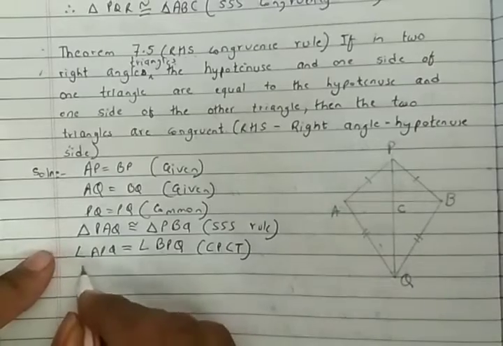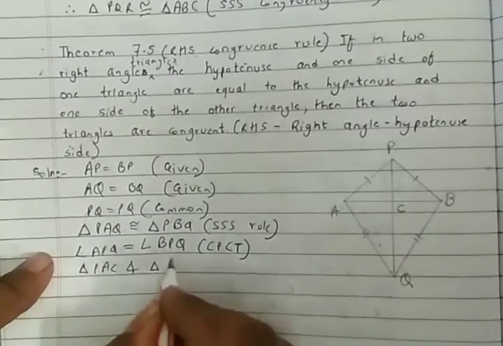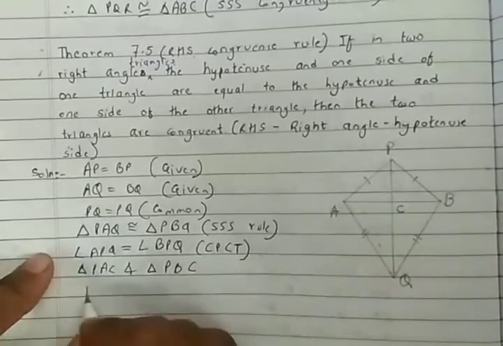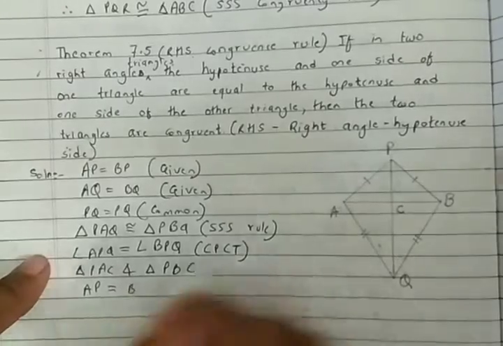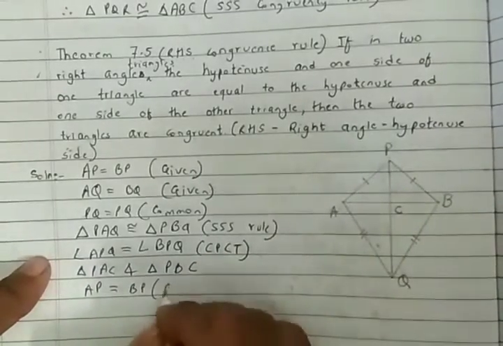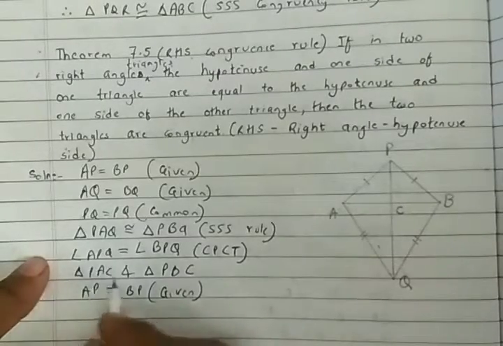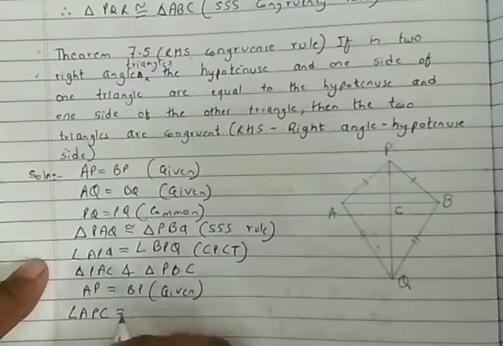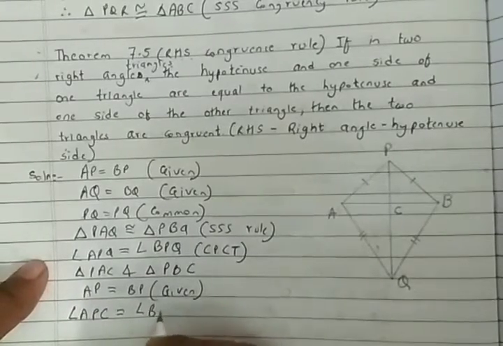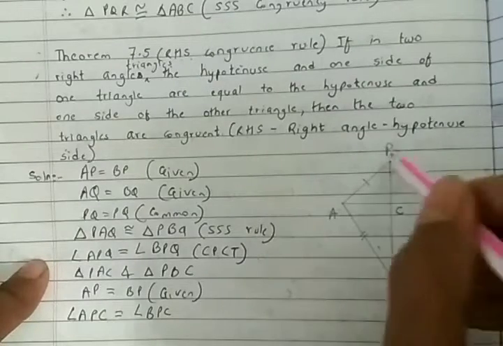Now let us consider triangle PAC and triangle PBC. In this, AP is equal to BP. This is given. Now angle APC is equal to angle BPC, right? This APC is equal to BPC.